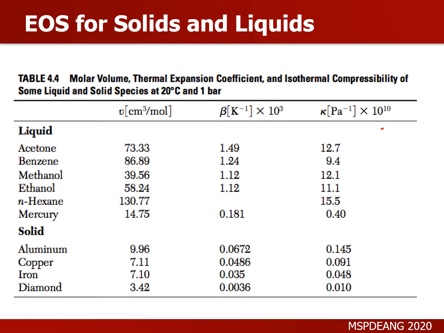So their values are very small. So when using these constants, these are typically still functions of temperature, but since their values are so small, what we usually do is only evaluate beta and kappa at the initial conditions. So we assume that at the initial conditions, the values of beta and kappa hold constant for the whole process.